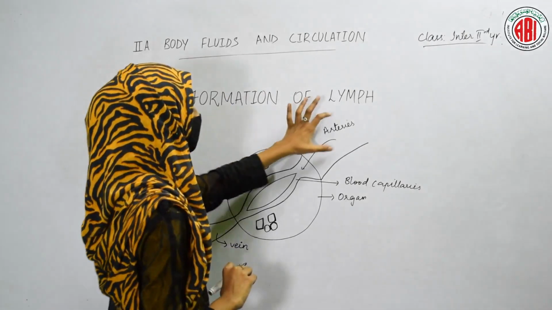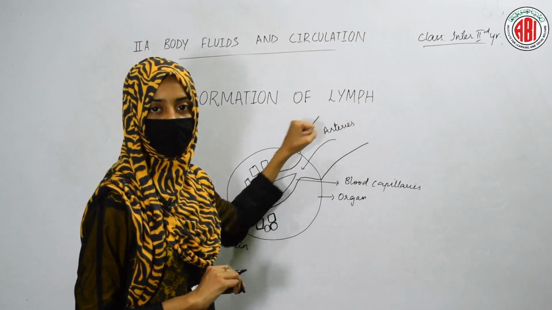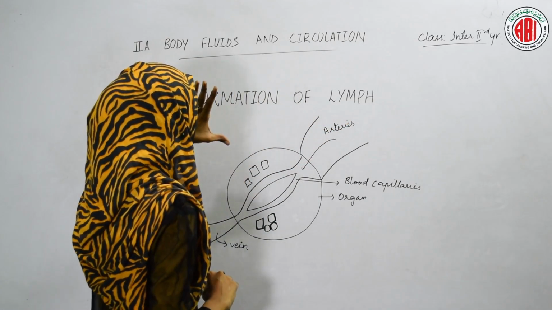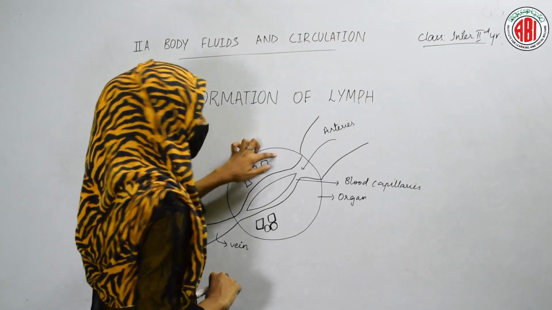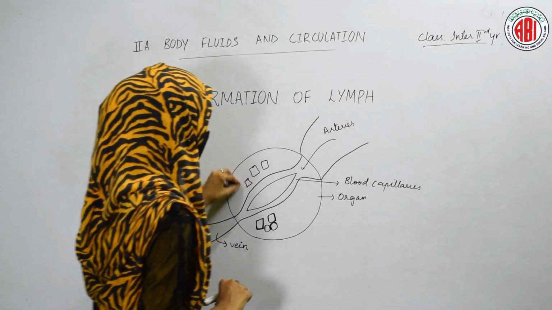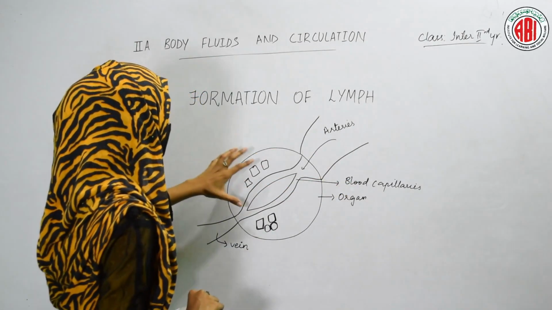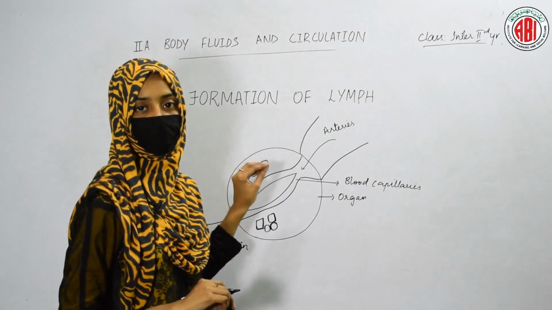So arteries are the blood vessels that transport oxygenated blood into the cells and tissues of our organ. Once the blood is taken up by the organ through blood capillaries, the blood becomes deoxygenated.